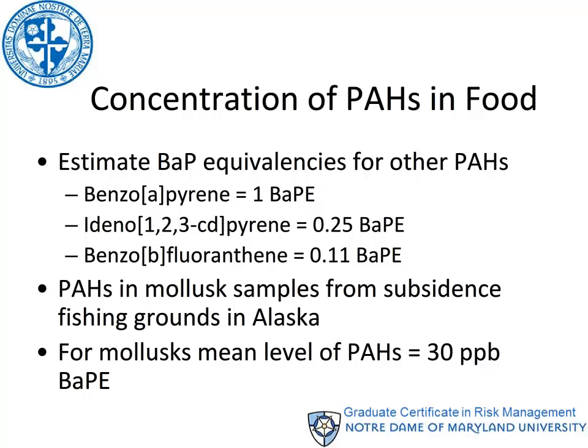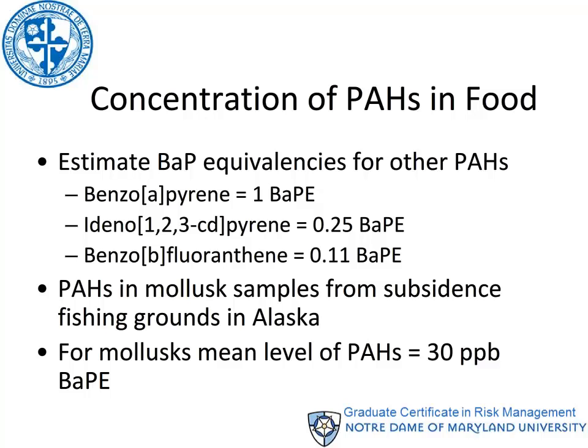So as part of the exposure assessment, one of the things that the FDA had to do was to figure out the concentration of these chemicals in foods. So we mentioned before there were different kinds of chemicals. Here you see them, benzopyrene, indenopyrene, benzofluoranthene, and they are all expressed as benzopyrene equivalents.